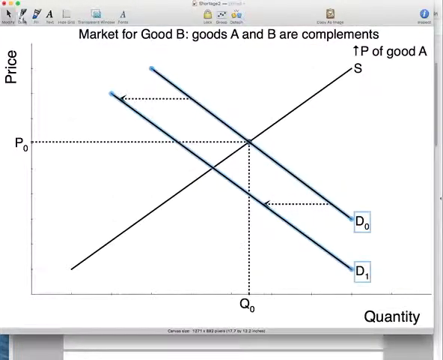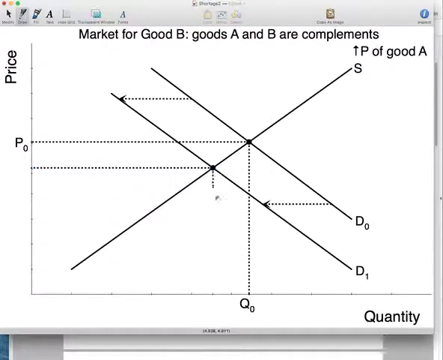Now we have to find the new equilibrium, and the new equilibrium is going to occur where the new demand curve D1 intersects the original supply curve. So this point right here, I guess I can just drop in a real quick point there, is going to be the new equilibrium point. And to find the equilibrium price, I just go from that point over.